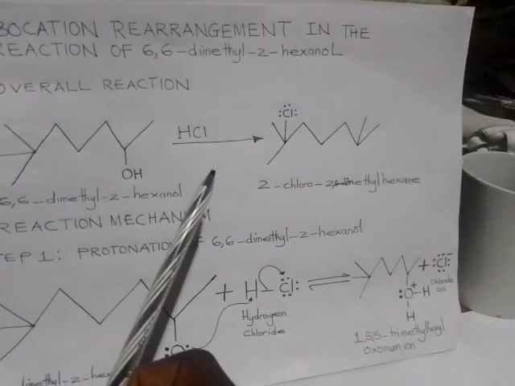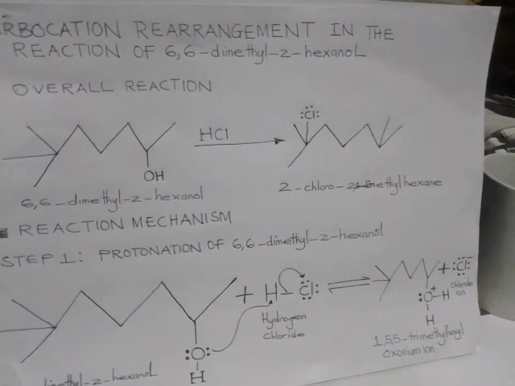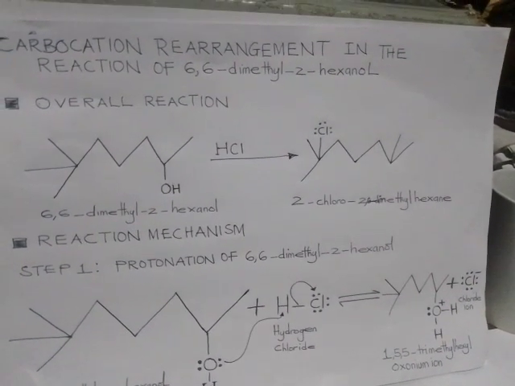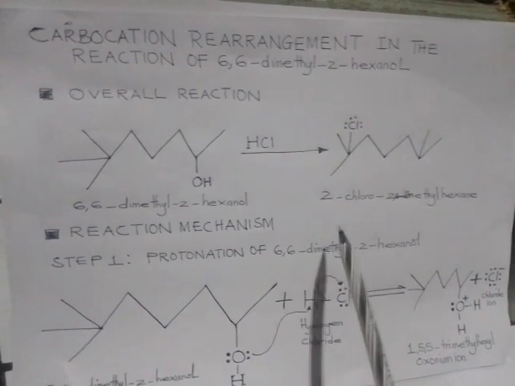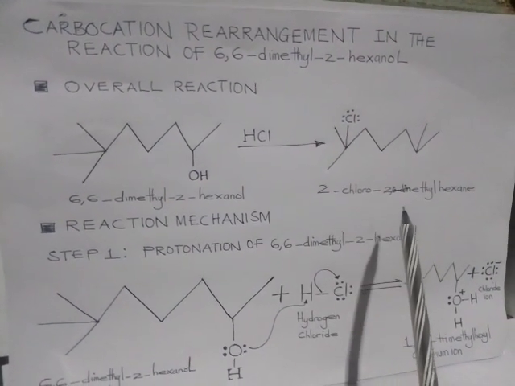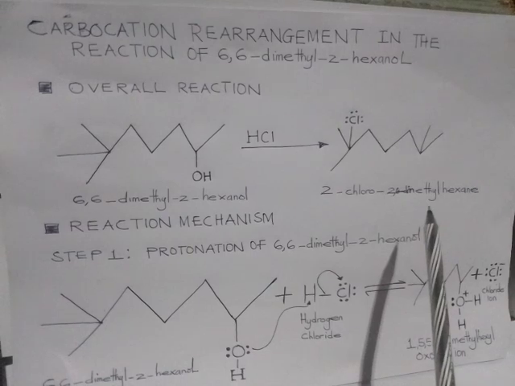As you can see, we have not gone through the mechanism, but we already know that at the end of that mechanism, our product will be 2-chloro-2,6-dimethylhexane.